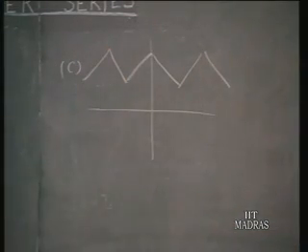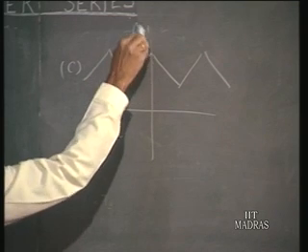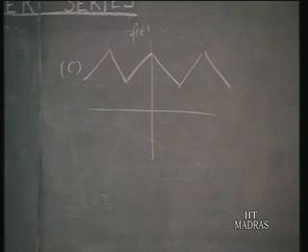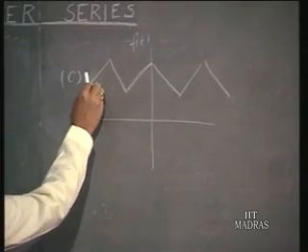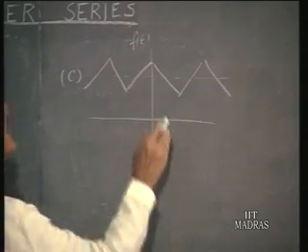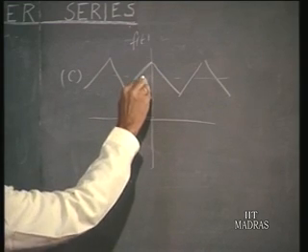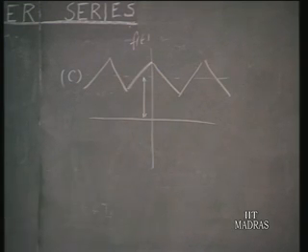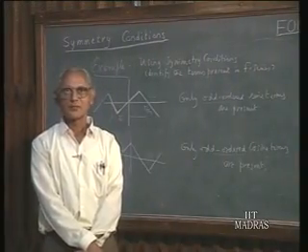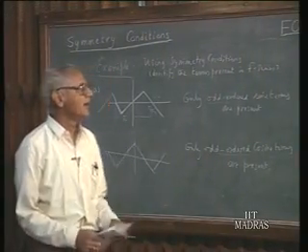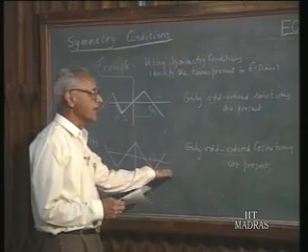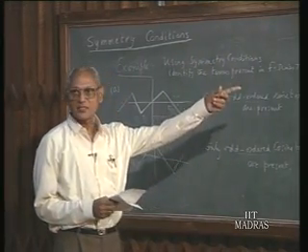Suppose I have a function like this, which is the same function shifted upwards by a certain amount. In other words, if I draw a line here parallel to the x axis and subtract this value from this f of t, this will be the resultant. So what do we conclude from this? It will have all the harmonics that we are having here plus a DC term.